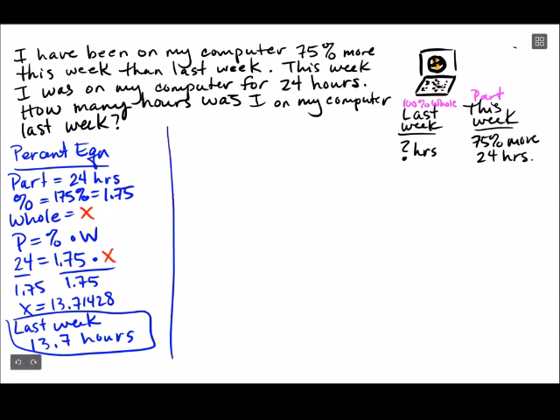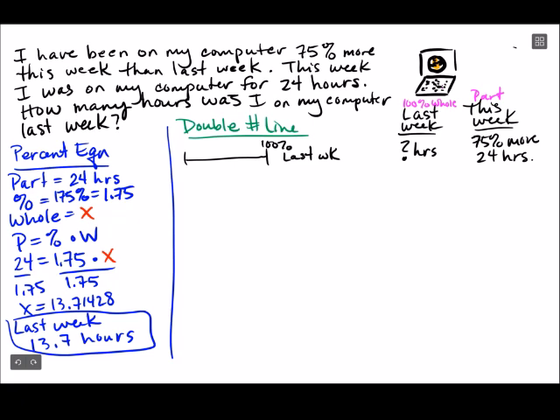Now we're going to do the same thing, only this time we're going to show our problem using double number lines. So the first thing I draw is my 100% number line, and I label that last week.